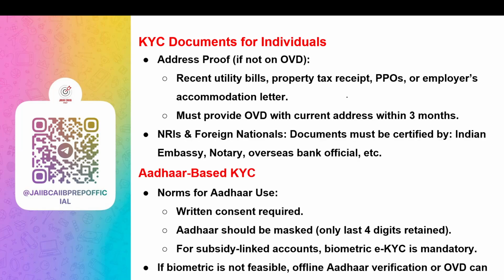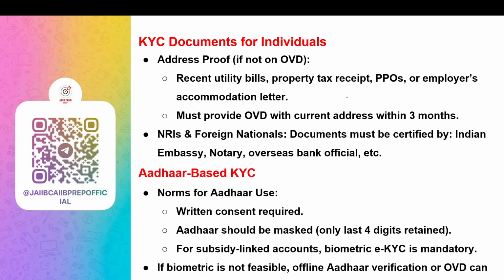And what if the address is not updated? In that scenario, a customer can temporarily give proof of address. Utility bills can be given as proof of address, and they must not be older than 2 months.